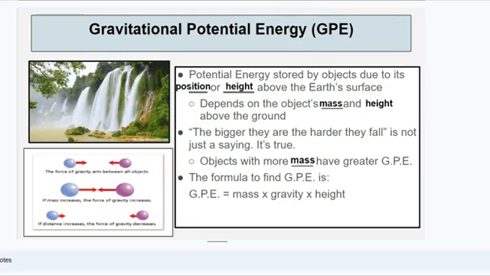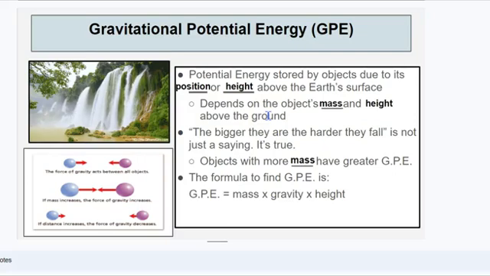Gravitational potential energy is stored energy by objects due to their position or height above Earth's surface. So gravity depends on these 2 factors, the mass and height above the ground. The bigger they are, the harder they fall. That's not just a saying. It's actually true.